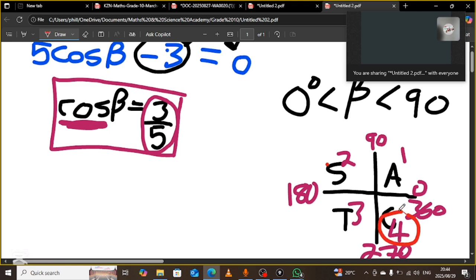Quadrant 4 and quadrant 1. First things first, you circle your quadrants. In quadrant 4 only cos is positive, and in quadrant 1 all of them are positive.